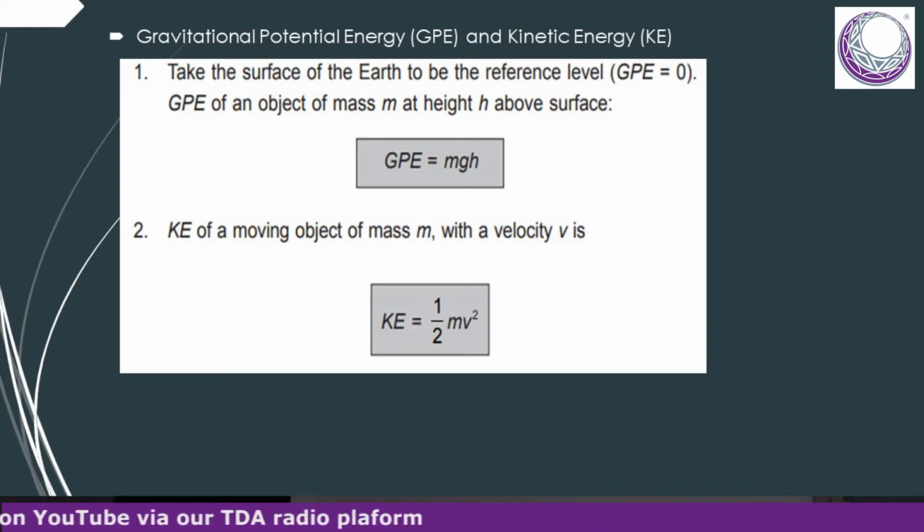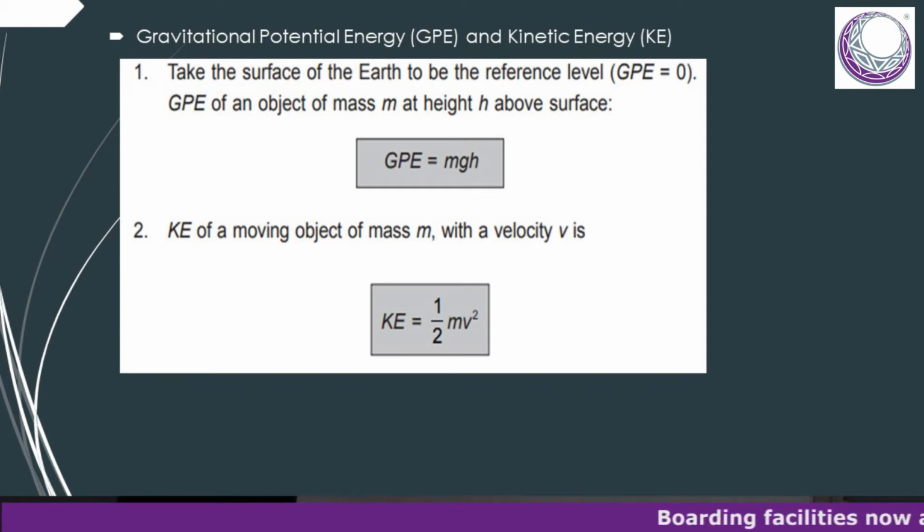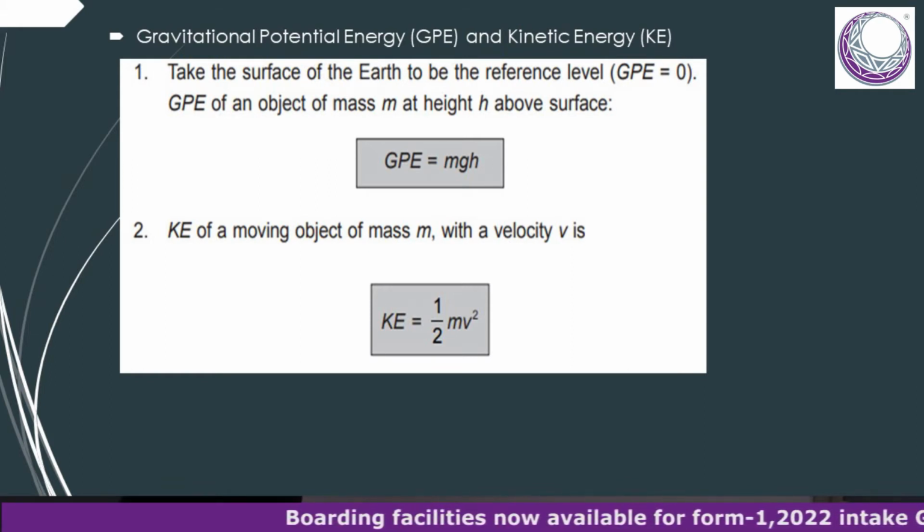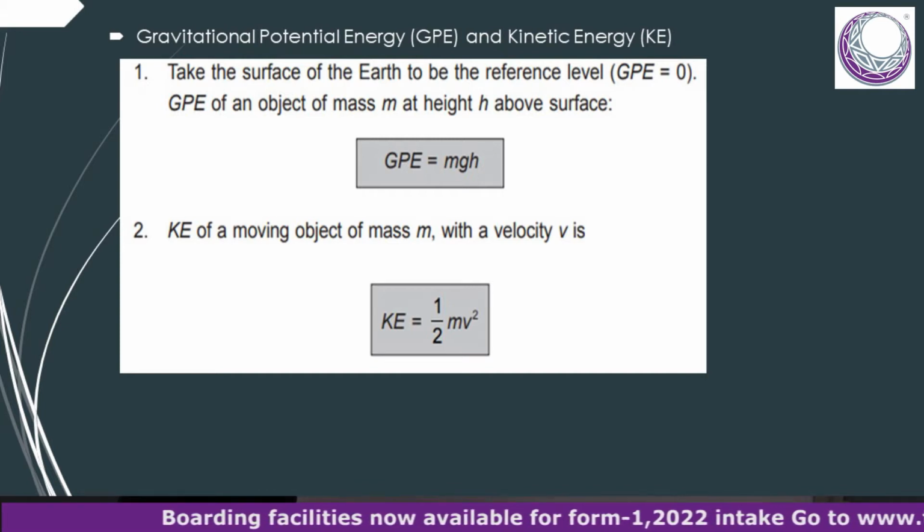The g.p.e. of an object of mass m at a height h above the surface of the earth is given by the formula g.p.e. equals mgh. Your mass m multiplying your g, gravitational field strength, and your height.